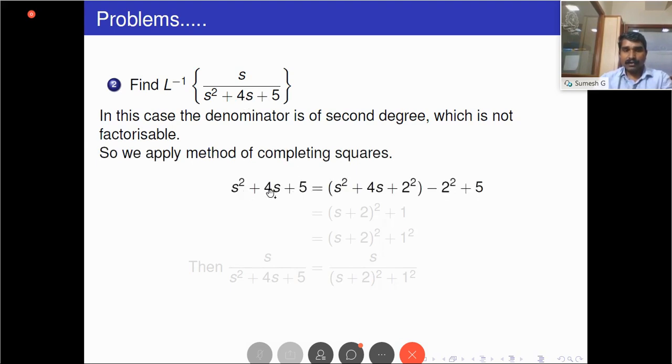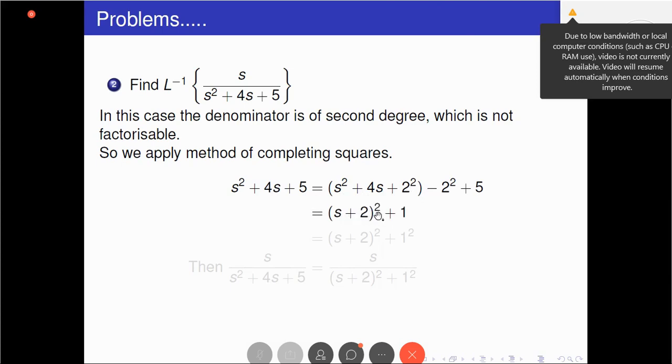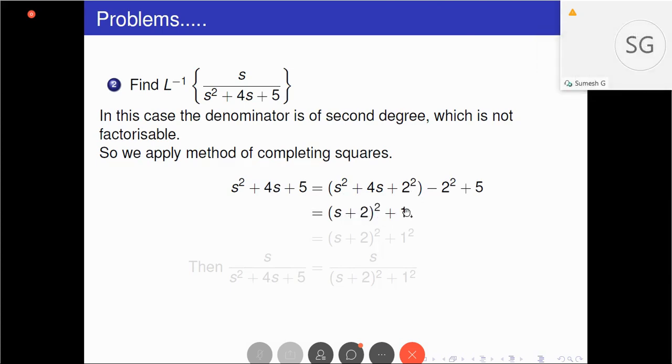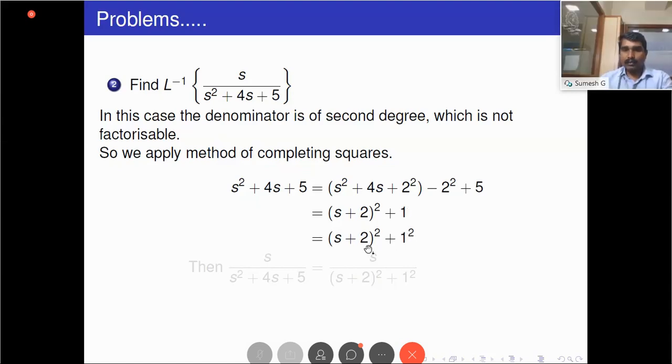In this case, the coefficient of s is 4. Then it becomes (s plus 2) whole square, the constant becomes plus 1, equal to (s plus 2) whole square plus 1 square.